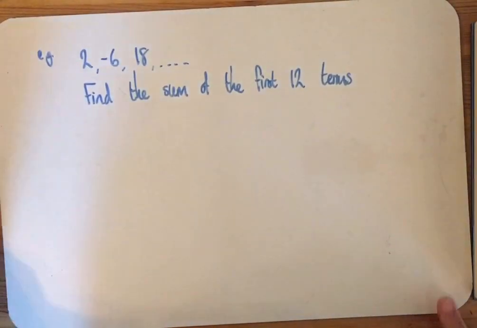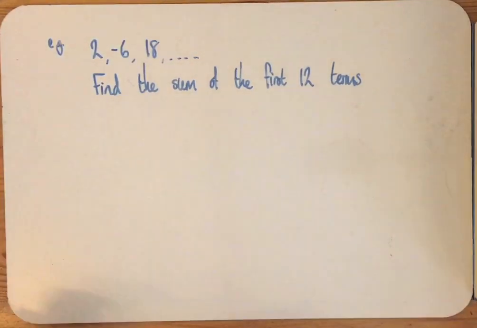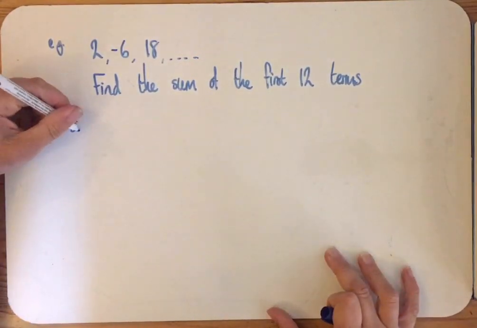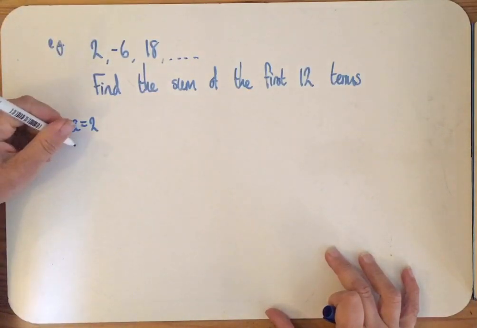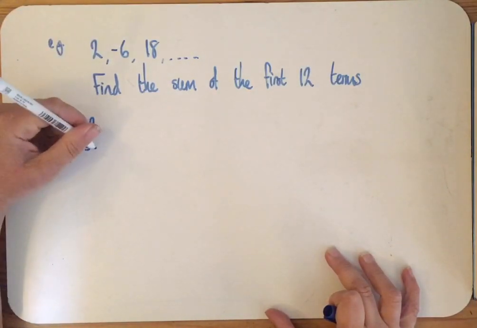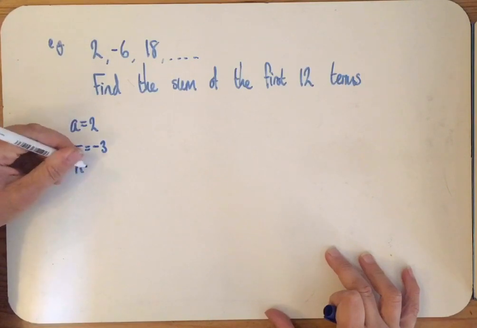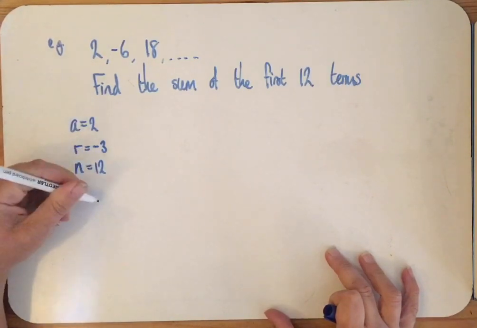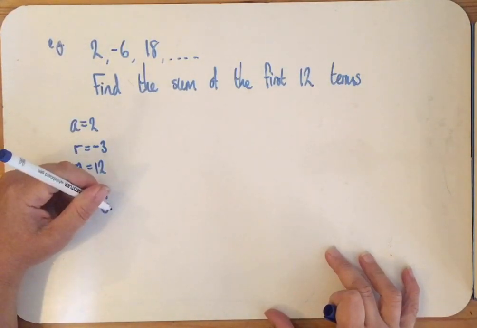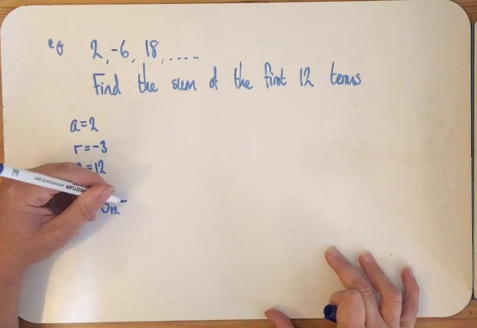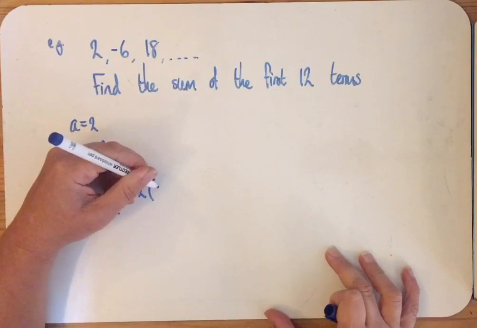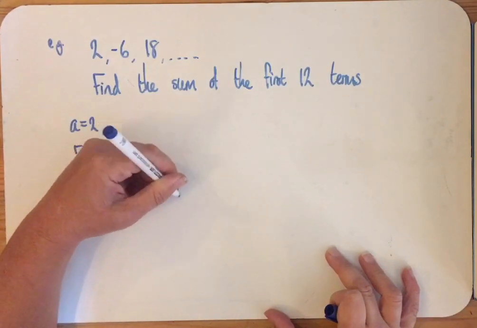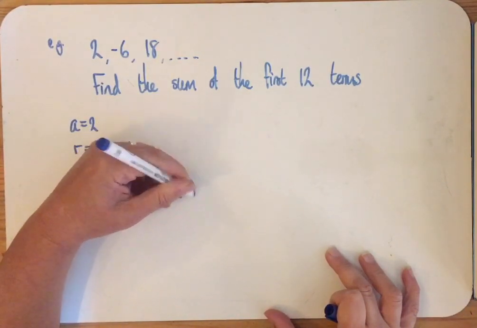So nice and straightforward. Just find the sum of the first 12 terms. So a equals 2, times it by minus 3 to get to the next term. So r is equal to minus 3. n is equal to 12. So the sum of the first 12 terms is the first term, and then it's 1 minus r, which is minus 3, n is 12.